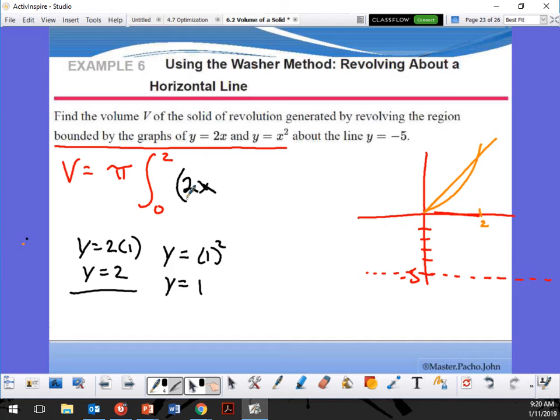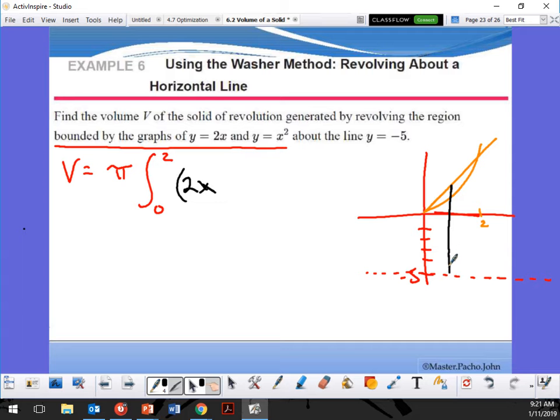But now for this one, I need to talk about the radius. It's no longer just going to the function; it's from the top. The radius is going to be from here all the way down, so just add 5. So the new radius is my function plus 5, because I'm adding it.